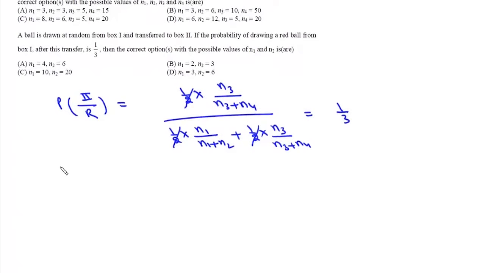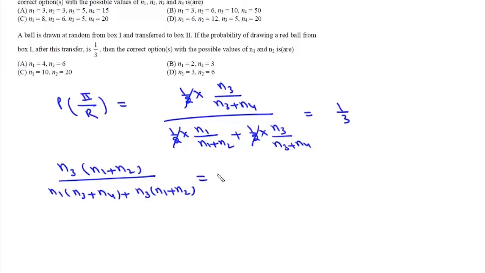Now we can simplify this as n3 into (n1 plus n2), upon n1 into (n3 plus n4) plus n3 into (n1 plus n2), and this is equal to 1/3.